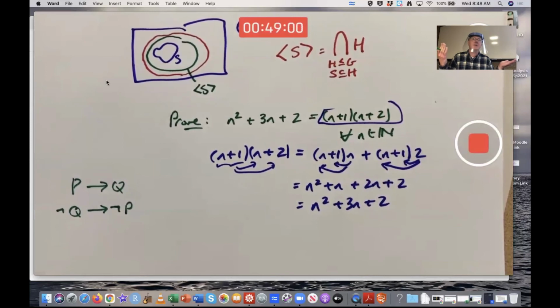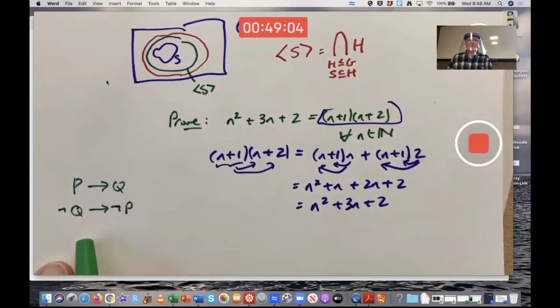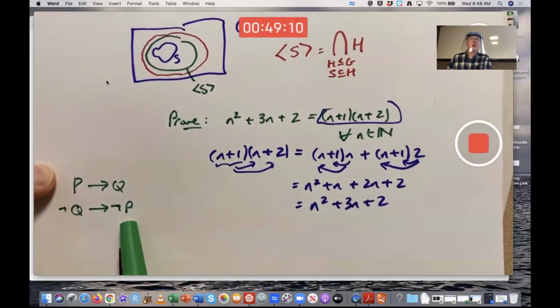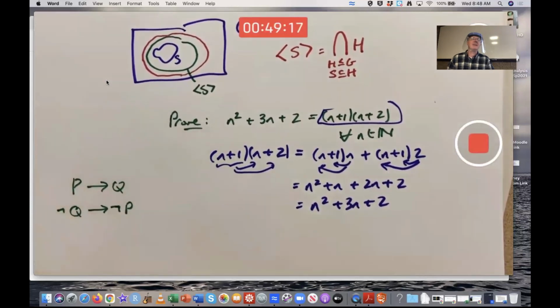Contradiction, 1 does not equal 2. Whereas in a proof by contrapositive, you try to prove the opposite of P, the thing you're assuming in the theorem, the premise of the original theorem. So they start the same way, but they don't really end the same way. Proof by contradiction versus proof by contrapositive.